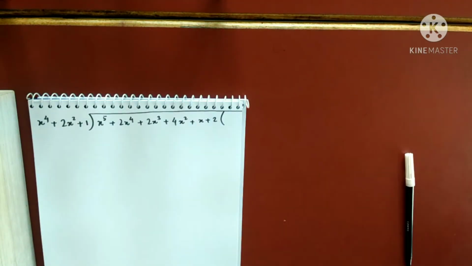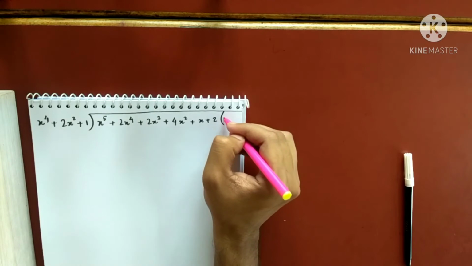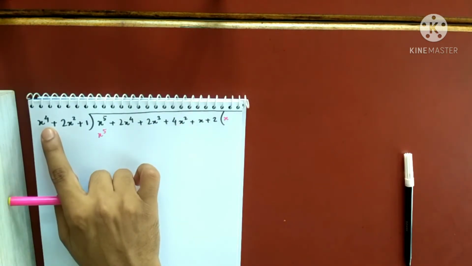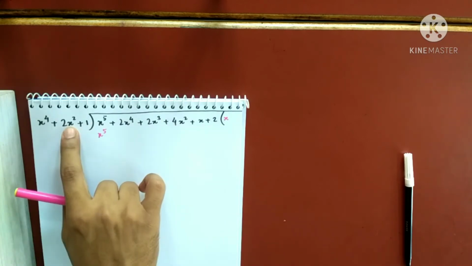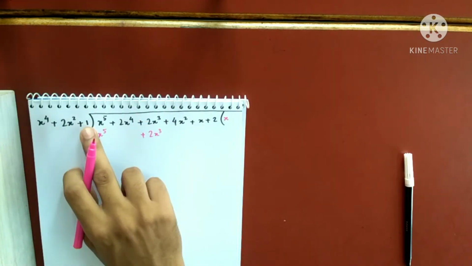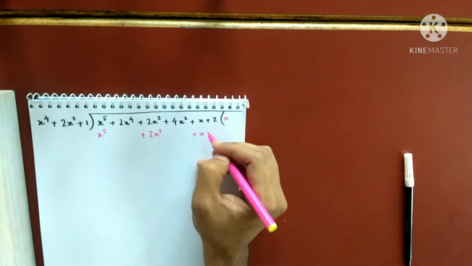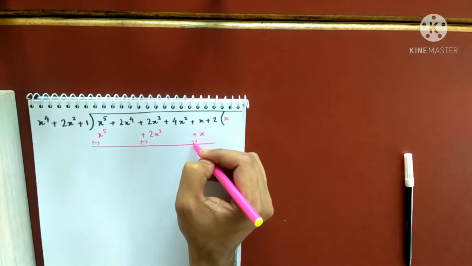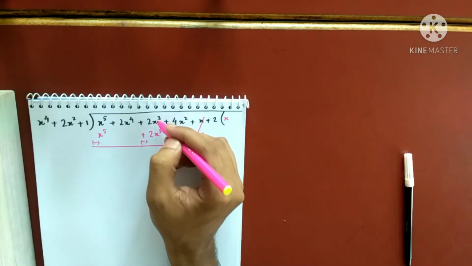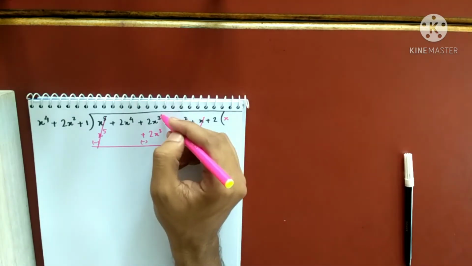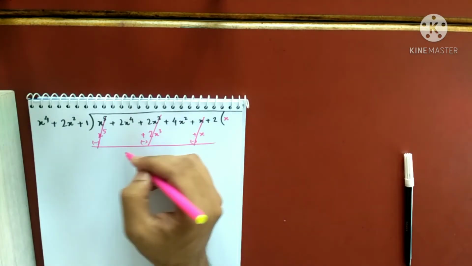So let's divide. x to the power 5 divided by x to the power 4 gives x. Multiplying this with x, we get x to the power 5 plus 2x cube plus x. If I subtract them, the terms cancel: this x to the power 5 cancels, 2x cube cancels, and x cancels.